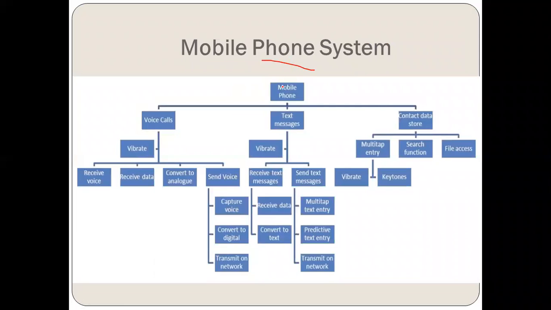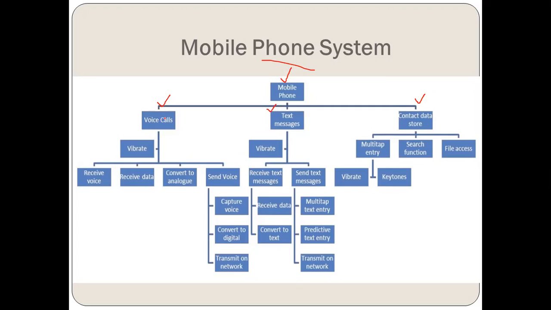Just to understand the concept, when I think of a mobile phone, I think of certain modules, and the main feature is the voice call. Second, I think of a text message, and third, I think of storing the data and the contacts, right?